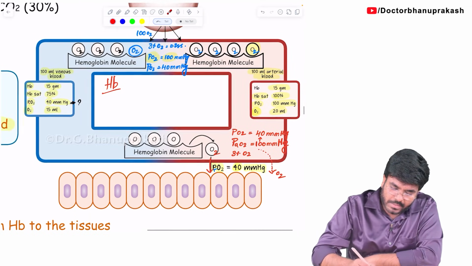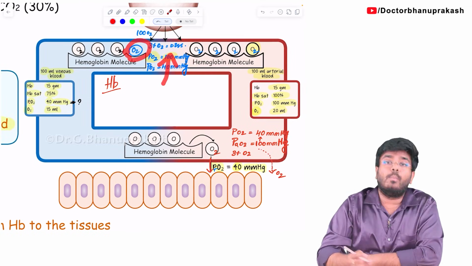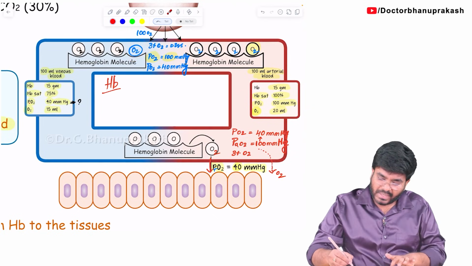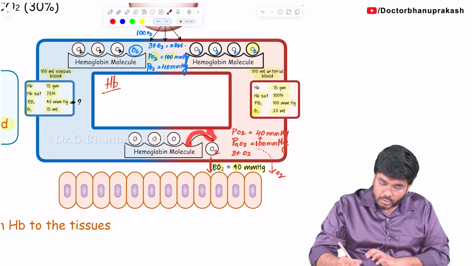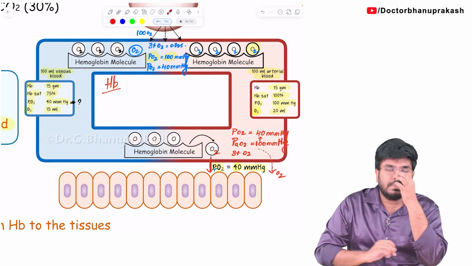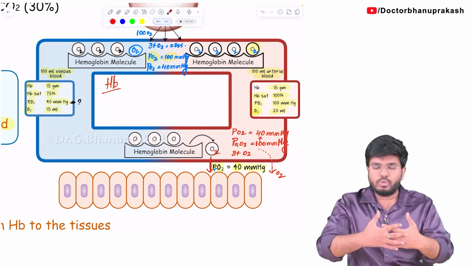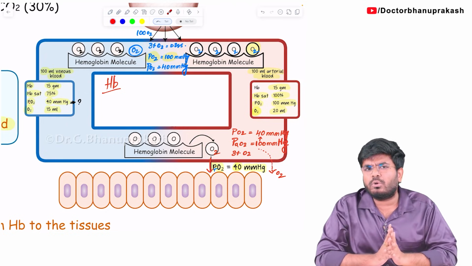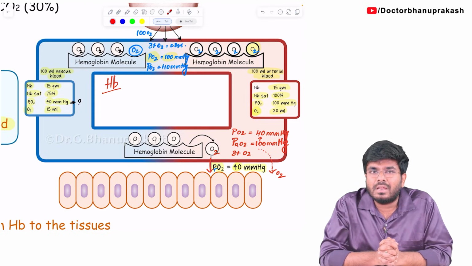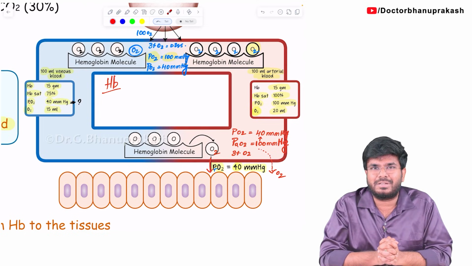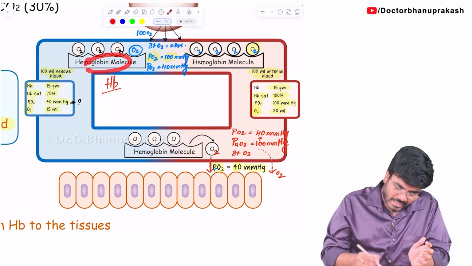Whenever there is more partial pressure, more association. But at the level of tissues, whenever the partial pressure decreases, more dissociation. So from this, does the hemoglobin molecule love to bind with oxygen or not? Simple question. It depends on partial pressure. It's the same hemoglobin.